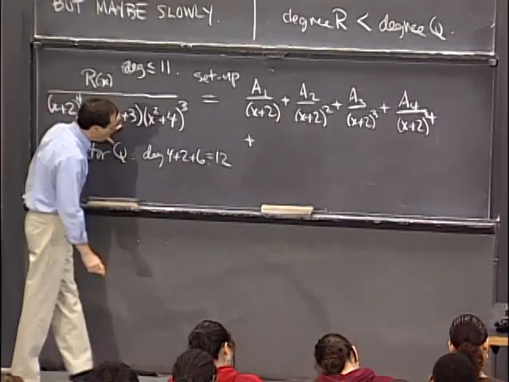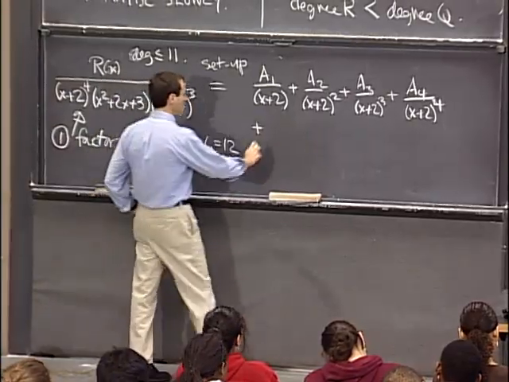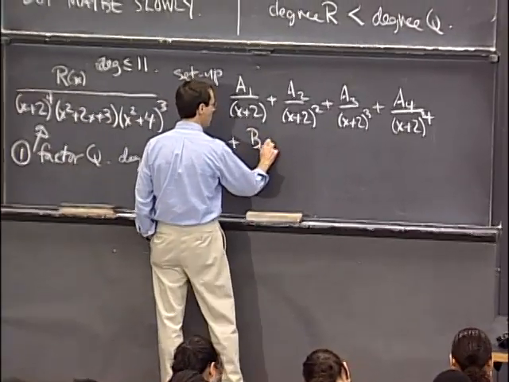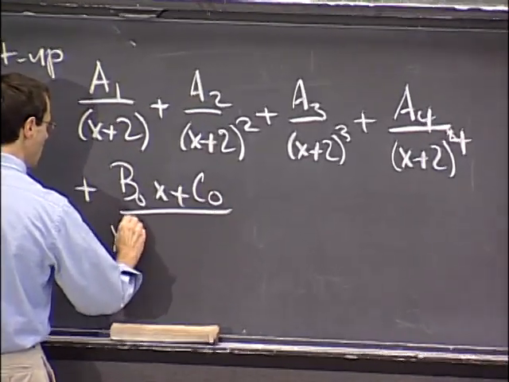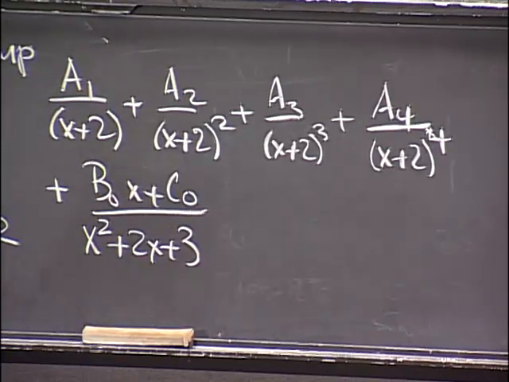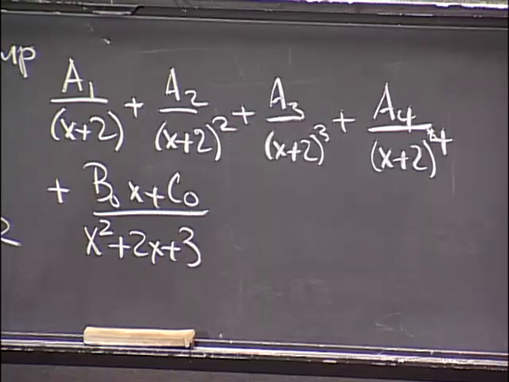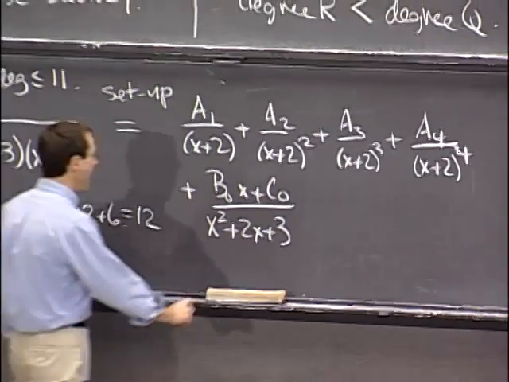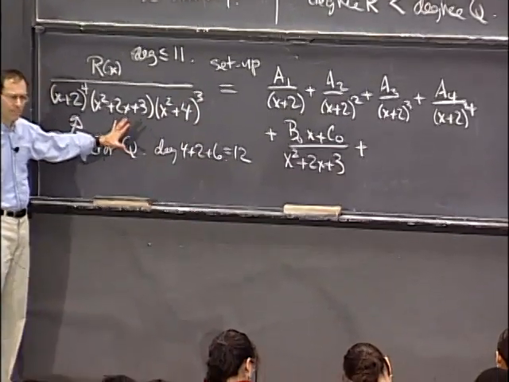Now, with a quadratic in the denominator, you need a linear function in the numerator. So that's, if you like, b0x plus c0 divided by this quadratic term here. Okay? And what I didn't show you last time was how you deal with higher powers of quadratic terms.